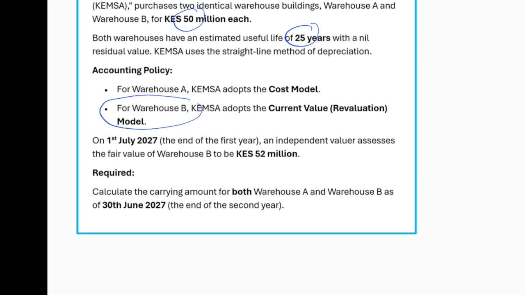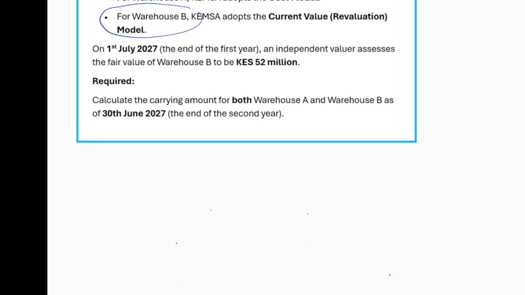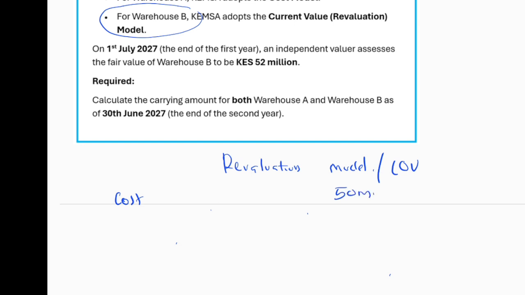On year one, this is what will happen. It will behave the same as the cost model. So for the revaluation model, we will say the initial cost is 50 million, useful life is 25 years.